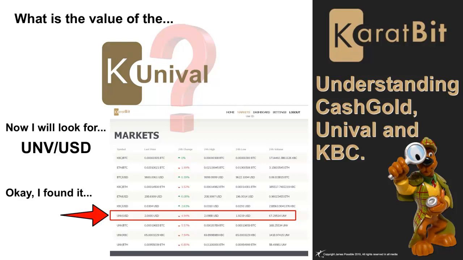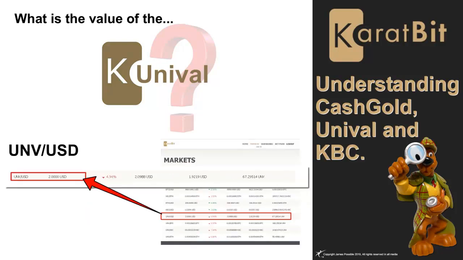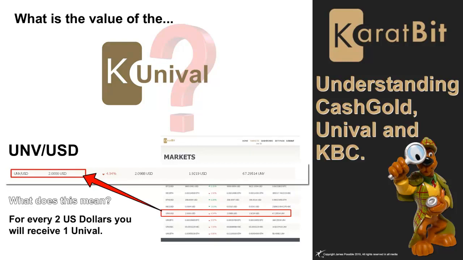The Unival just happens to be down at the bottom. So Unival USD at this point in time, one Unival is quoted at $2 USD. So what does that mean? That means for every 2 US dollars, you receive 1 Unival, or 1 Unival is equal to $2.